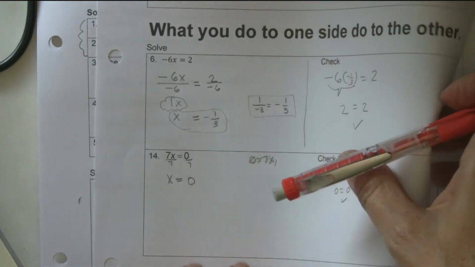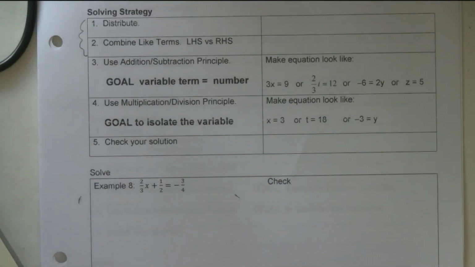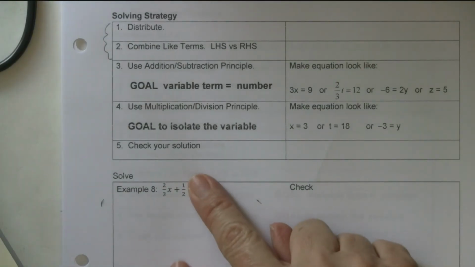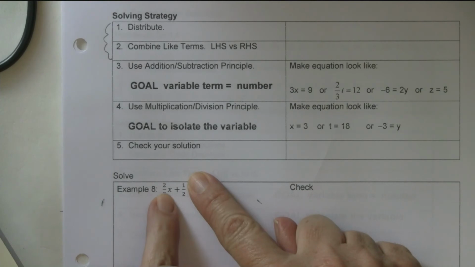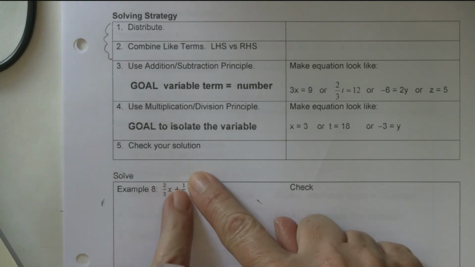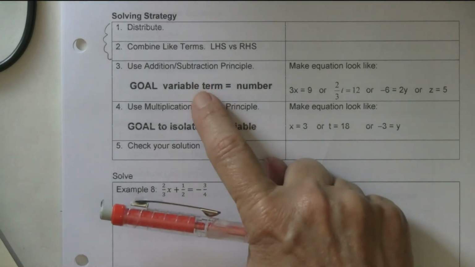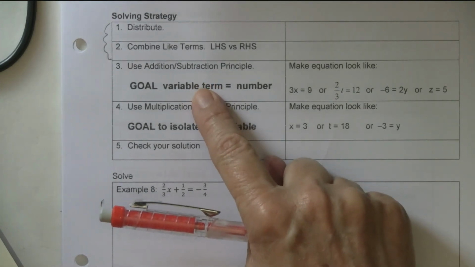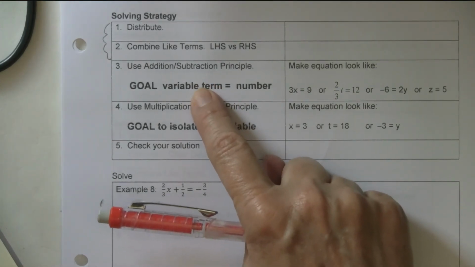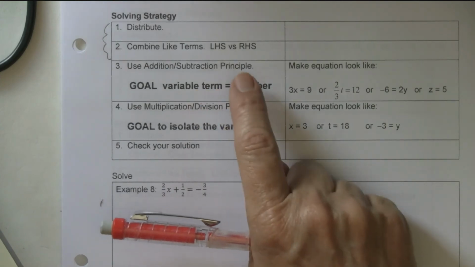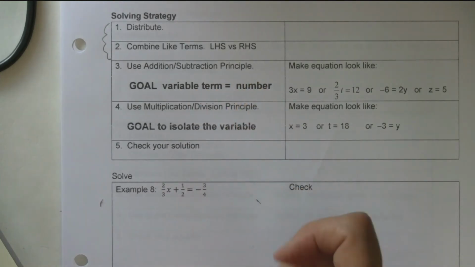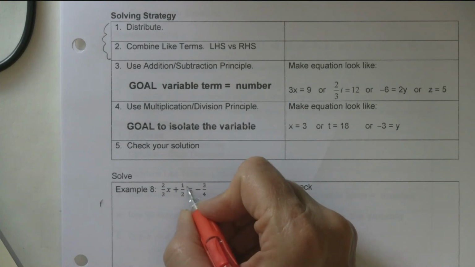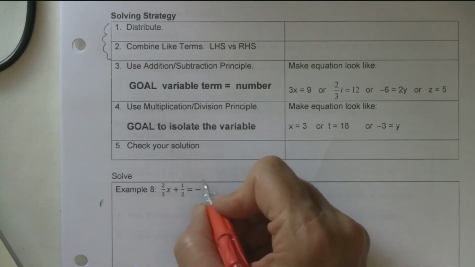Okay, but that's not the case here, right? That doesn't have just the variable on the left side. It has a variable term and a number term. So what I want to do is get it so that it has just the variable on the left-hand side, and I'm going to put the number on the right-hand side. So this is the left of equals and the right of equals.